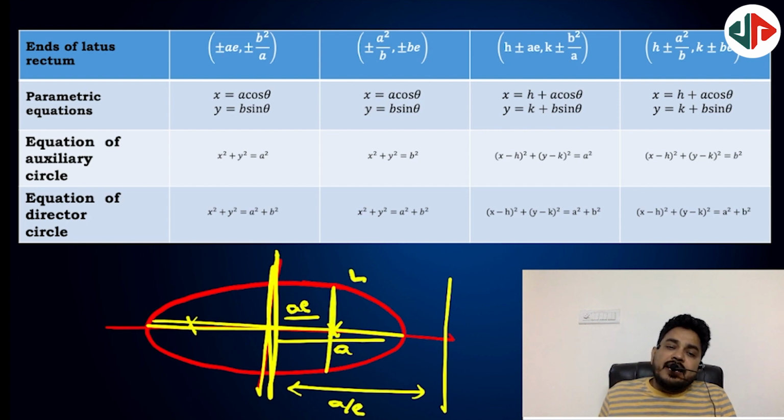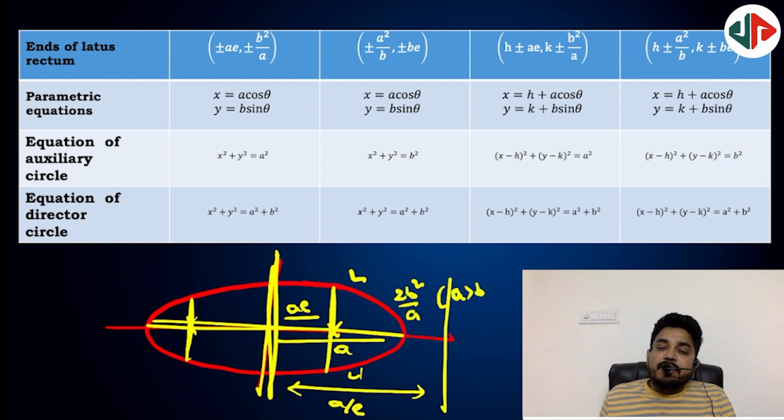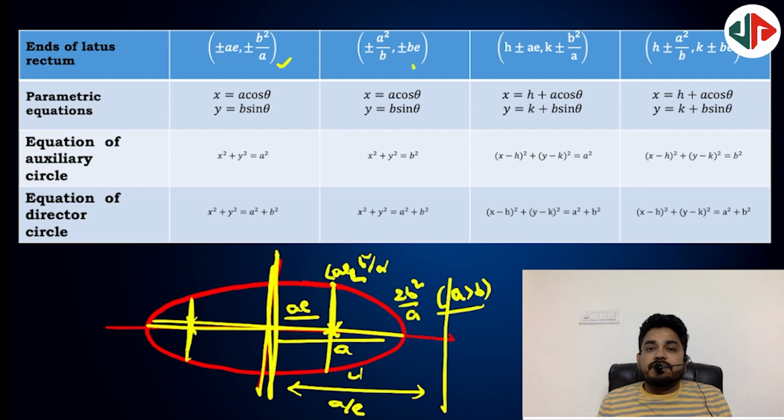Here L dash is the latus rectum, or this is also the latus rectum. The length of the latus rectum is 2b square by a, if a is greater than b. If b is greater than a, it will be reversed. And this point is ae comma b square by a.